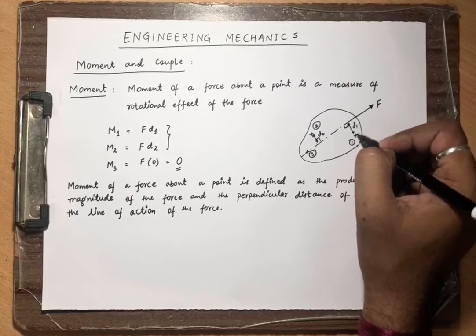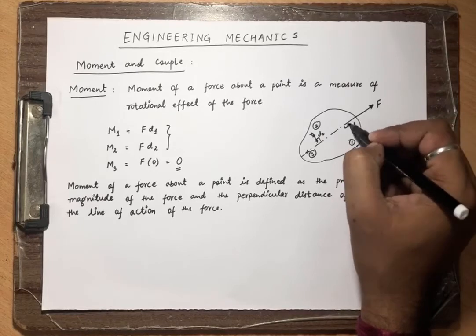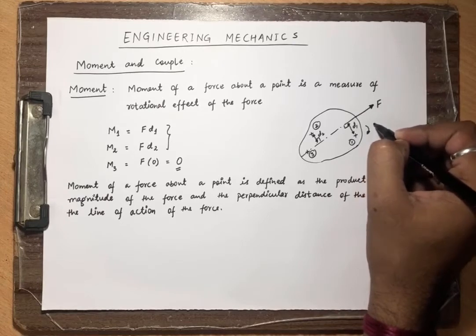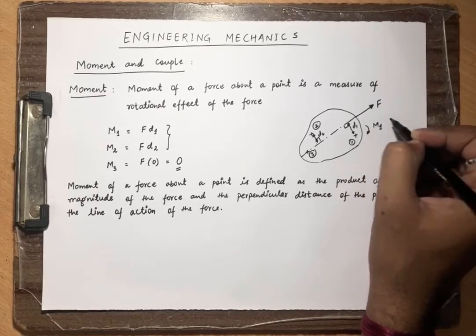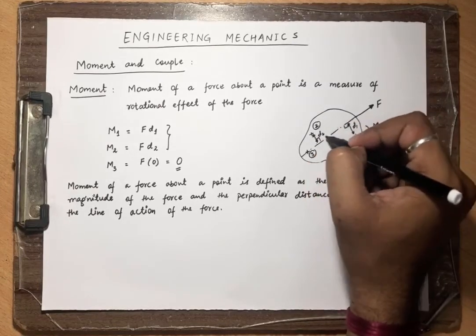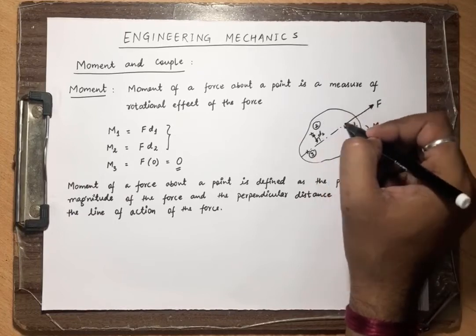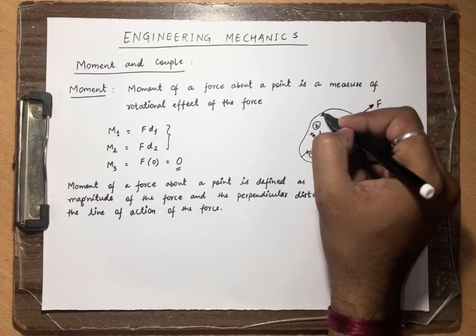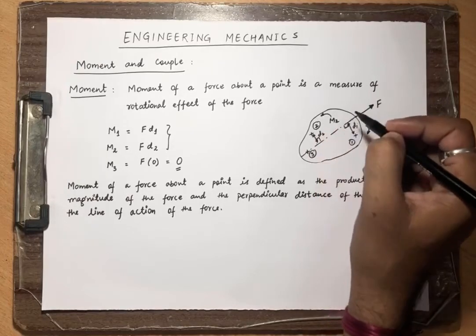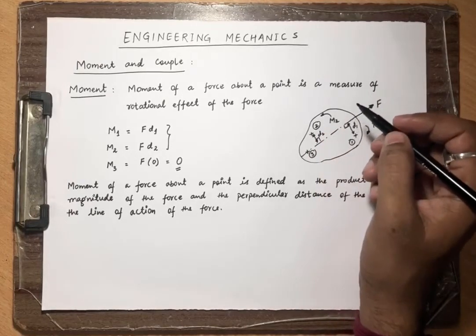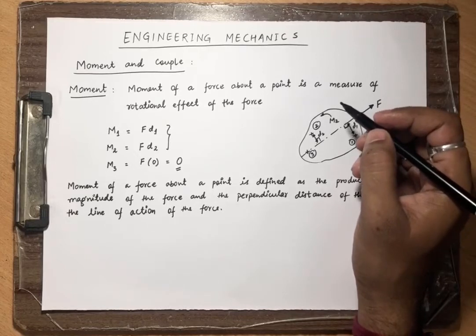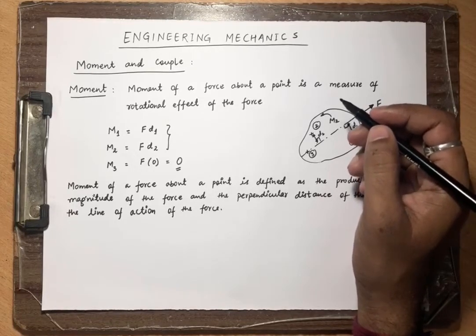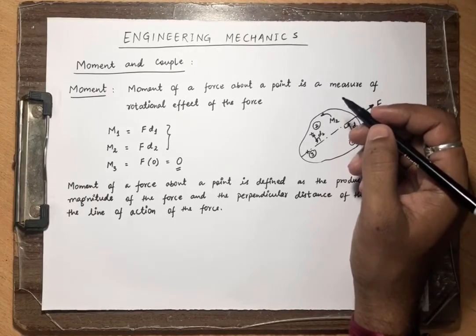So point 1 is in clockwise direction. So this is M1, something like this. For M2, force is here and point is here, so we have to see like this. So this is M2 and it is in anti-clockwise direction. So as moment is a rotational effect, we have to check whether it is clockwise or anti-clockwise.